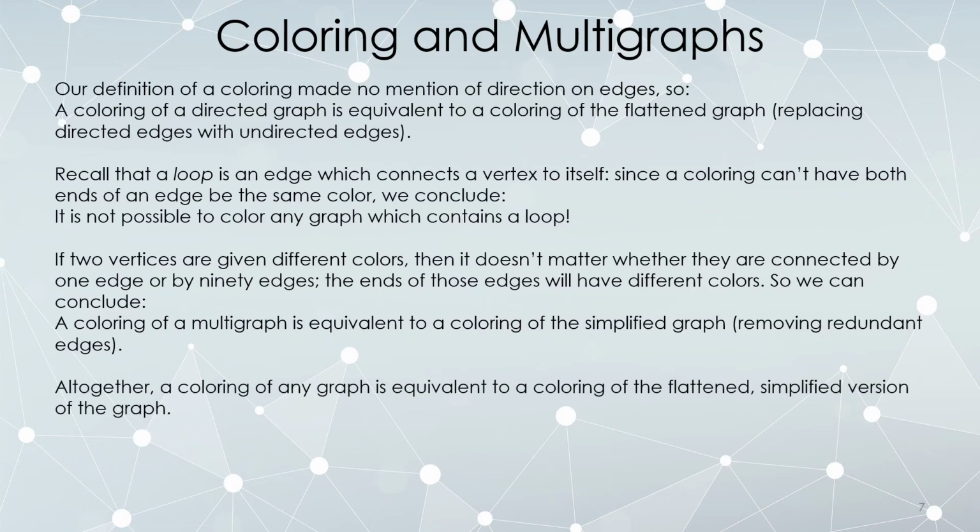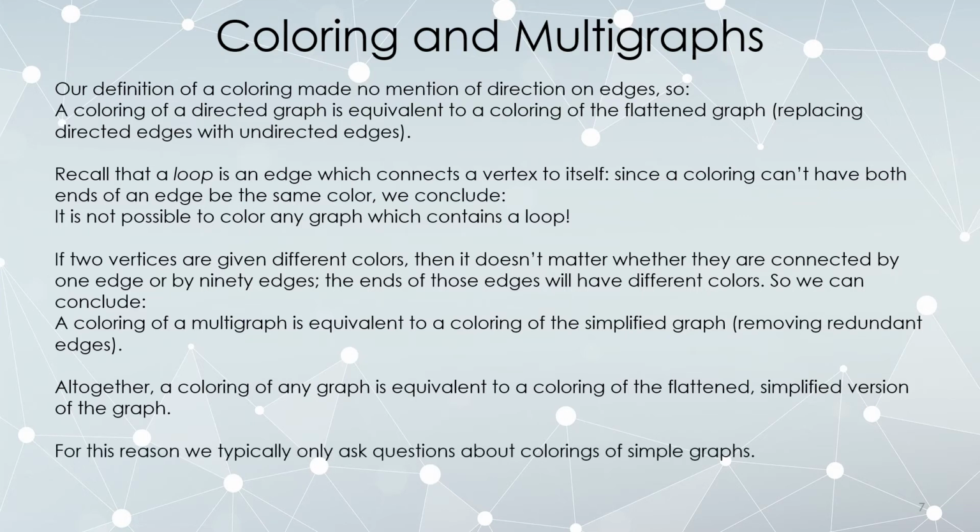So altogether, if we want to talk about coloring of graphs, directed edges and multiple edges don't matter. All we have to do is flatten and simplify the graph. In other words, just replace it with an undirected, non-multigraph version of the same thing, and then we can talk about coloring, and that will be an equivalent way to discuss the original graph. So typically when we're talking about coloring graphs, we just talk about undirected simple graphs, because direction and multiple edges won't make a difference.